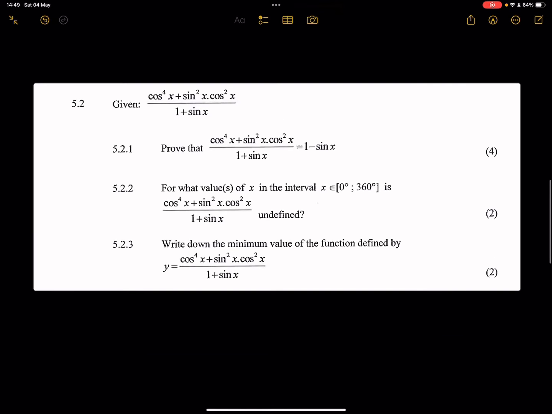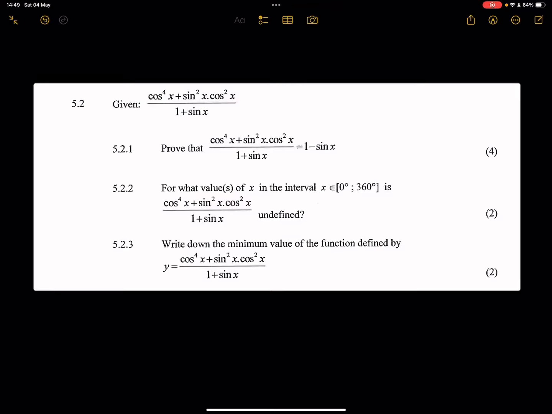Now for 5.2, they say given that we've got cos to the power 4 of x plus sine squared of x times cos squared of x over 1 plus sine x. Now they say we must prove that that whole expression is equal to 1 minus sine of x.